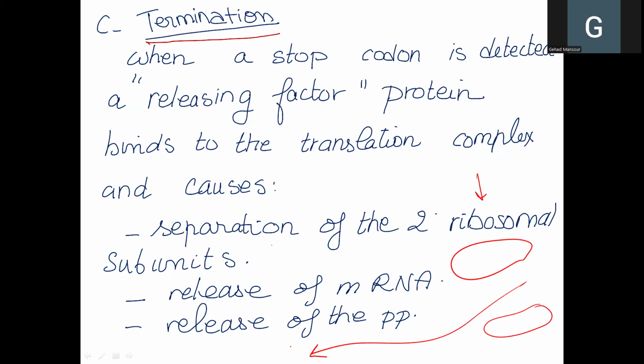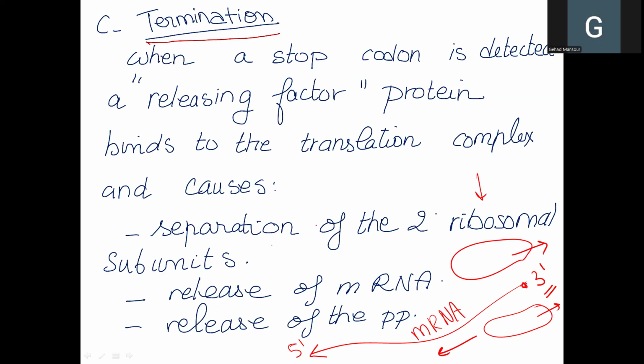And as we said before, the 5' end is where the ribosome fits first, therefore it is the first part of the messenger RNA molecule that is released, because the ribosome moves like this, and the last part of the messenger RNA to be released is the 3' end.